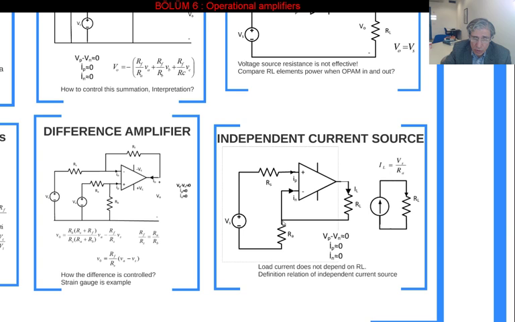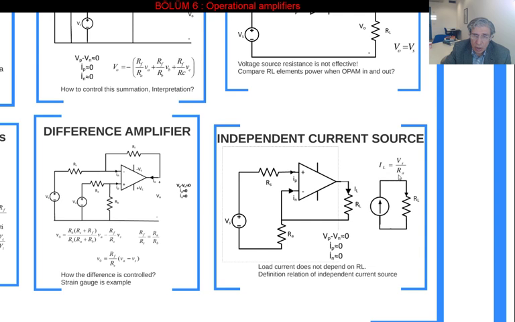So if we consider the Kirchhoff current law equation for this node, by the definition relation in here, I know the IN is equal to 0, that means this current is 0. Since this current is 0, the current of this resistor is also the current of the RL resistor here. Means this IL current of this load is the same as the current of this resistor, which is Vs over RA.